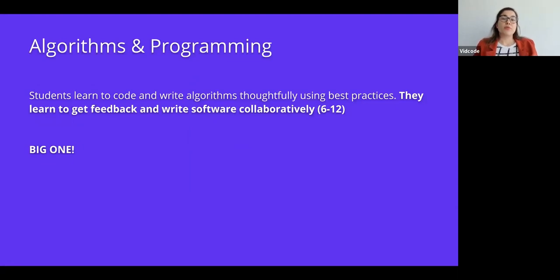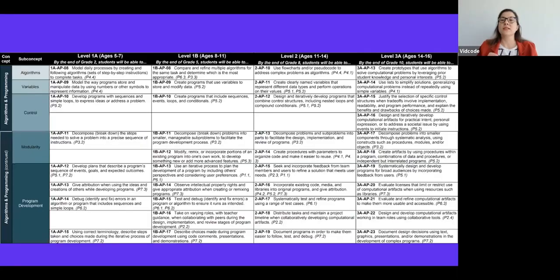Now, algorithms and programming, I am going to pause here for a second because this really has inspired a lot of similar standards with the K-12 framework, but the CSTA algorithms and programming standards are just really great for the 6th through 12th age group, in terms of how to really master that skill of writing your own function, writing your own algorithm in a text-based programming environment.